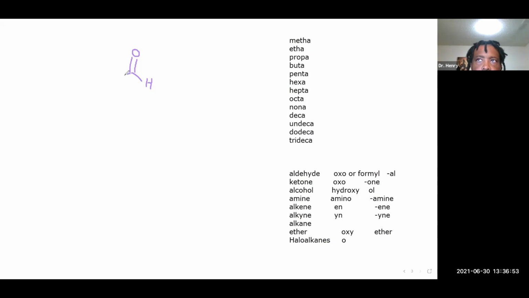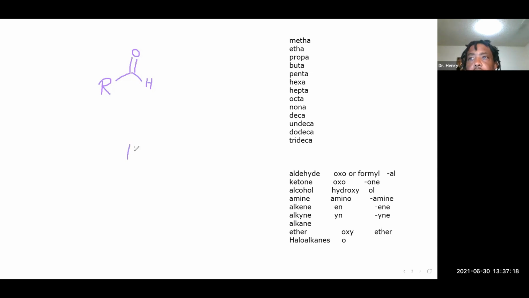And then the other side is the hydrocarbon. That's part of the reason why they call it form, because it's kind of like the finality, the end of the structure itself, because it always ends with just that hydrogen. It's always going to be at the end of the structure.